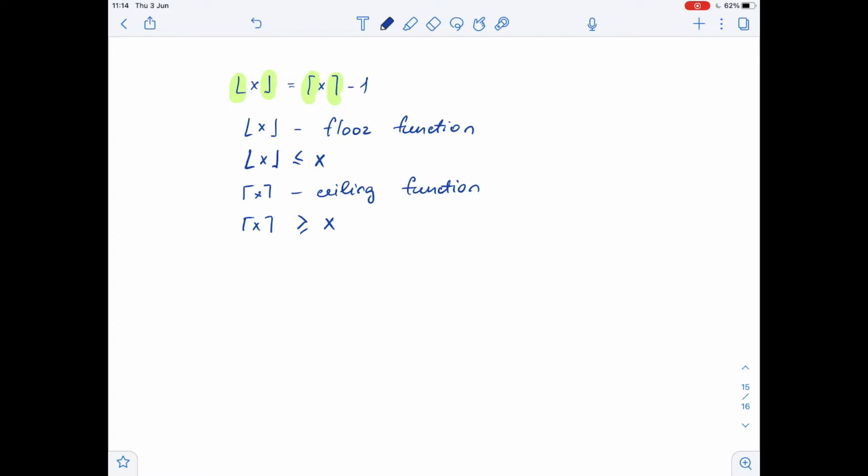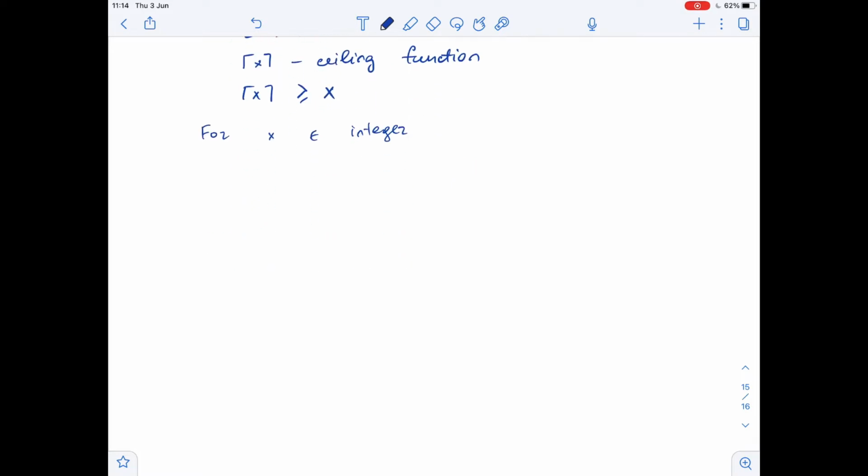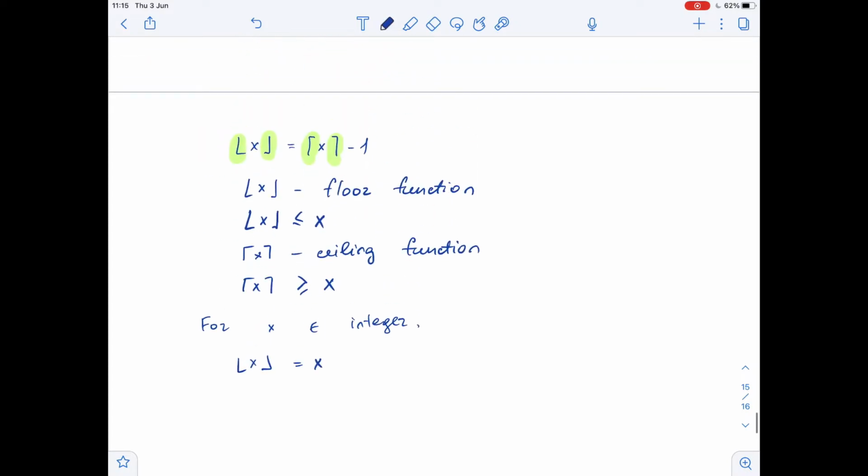So first, let's consider the case of integers. For x being an integer, we see that floor function of x is equal to x, because x is the largest integer less than or equal to x.